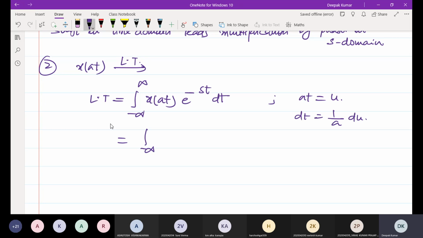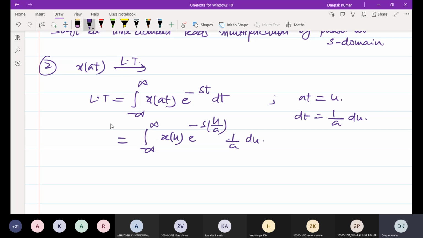It will become integration from minus infinity to plus infinity, x of u e to the power minus s u by a, and dt is equal to 1 by a du.